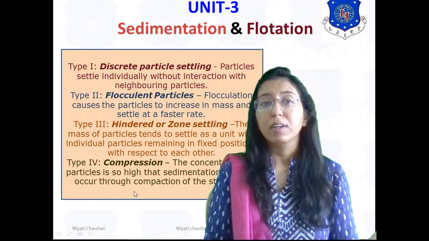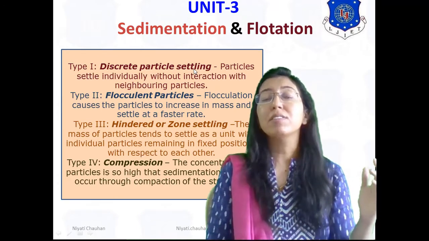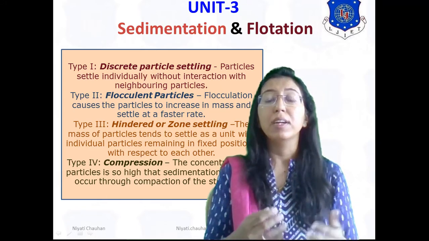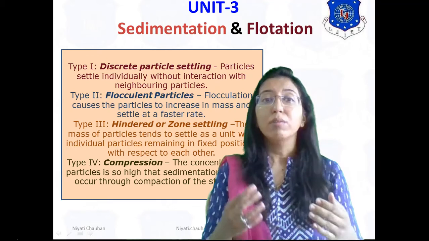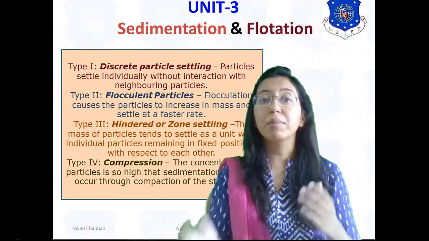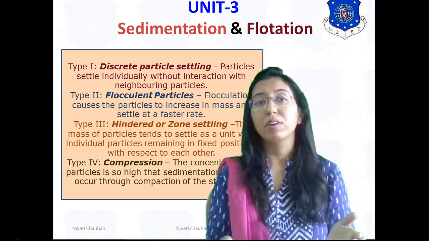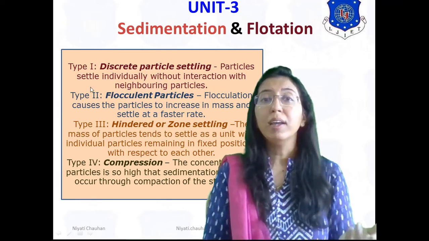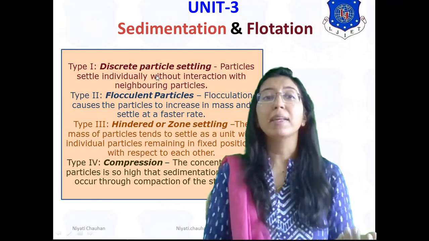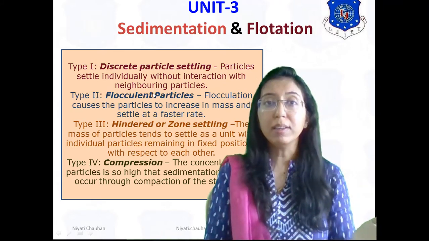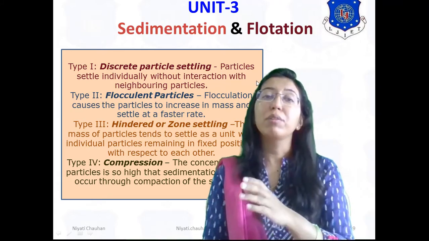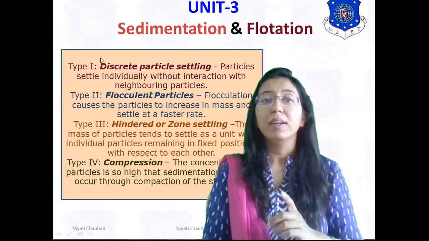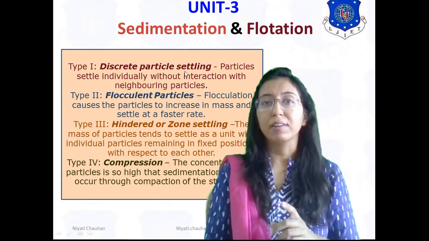Type 1, discrete particle settling, means particles settle individually without interaction with neighboring particles. Sometimes an MCQ can be asked: blank, particles settle individually without interaction with neighboring particles. The answer will be discrete particle settling.